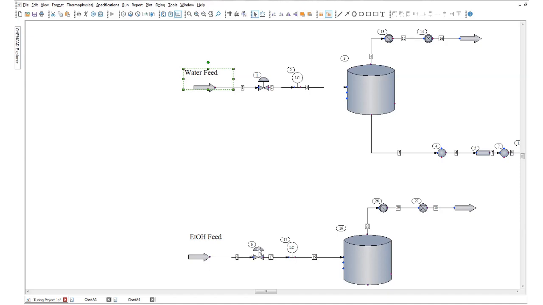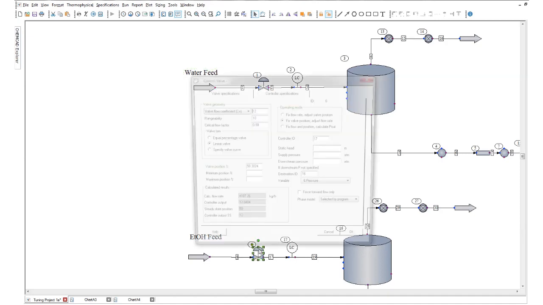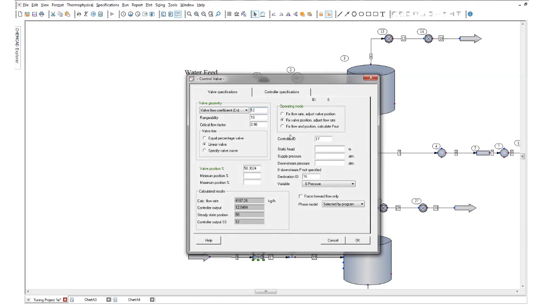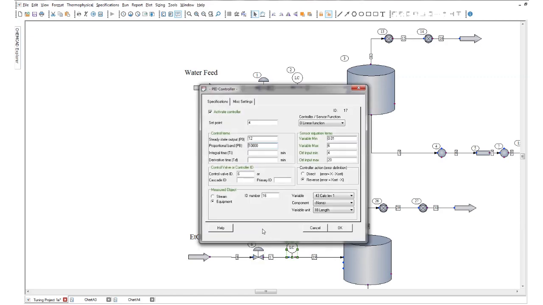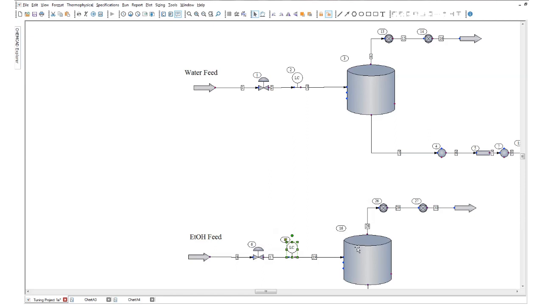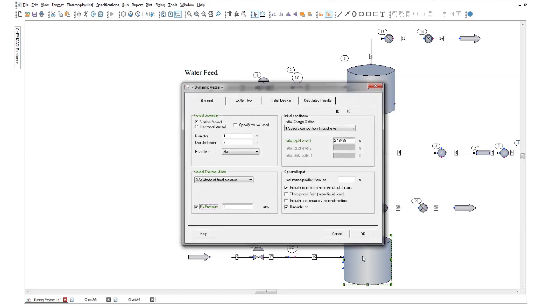And for the assignment, we have 4 valves that we want to tune. I have an ethanol feed valve. I need to tune that in a similar way that I tuned my water feed valve, based on its level controller. If we look at it, I have the set point equal to 4. I'm going to click OK. And if I look at my initial liquid level, it's at 2.187 meters.